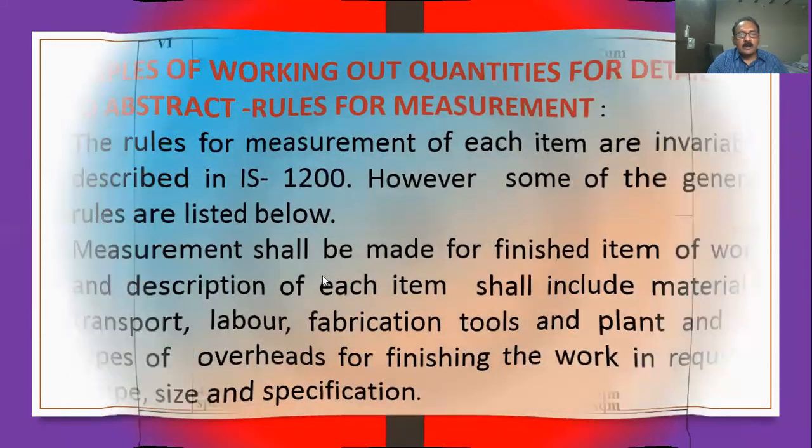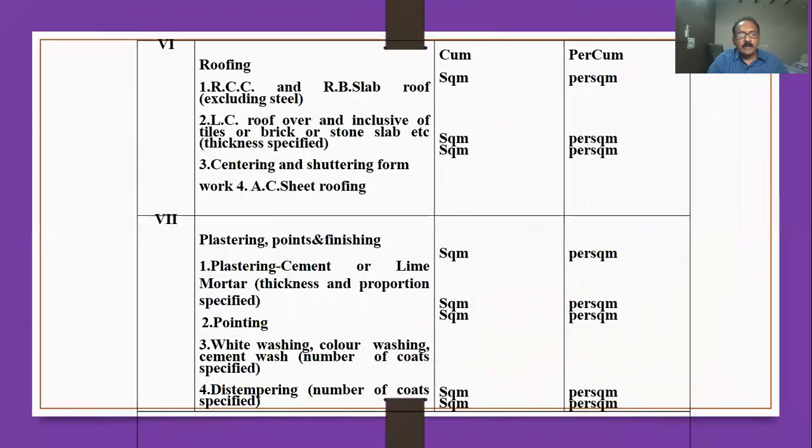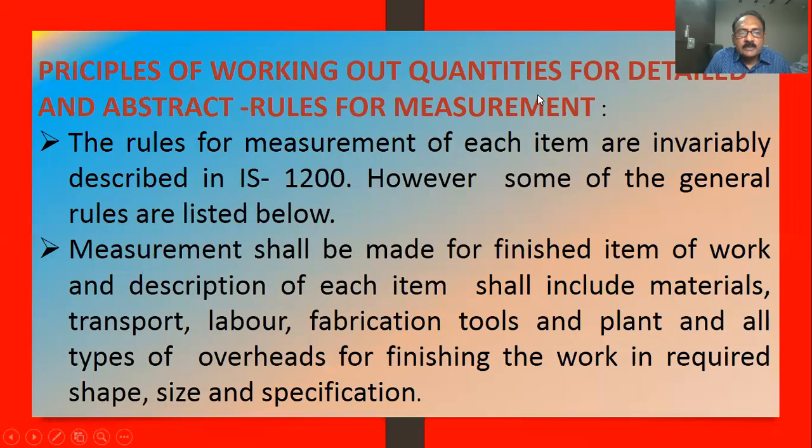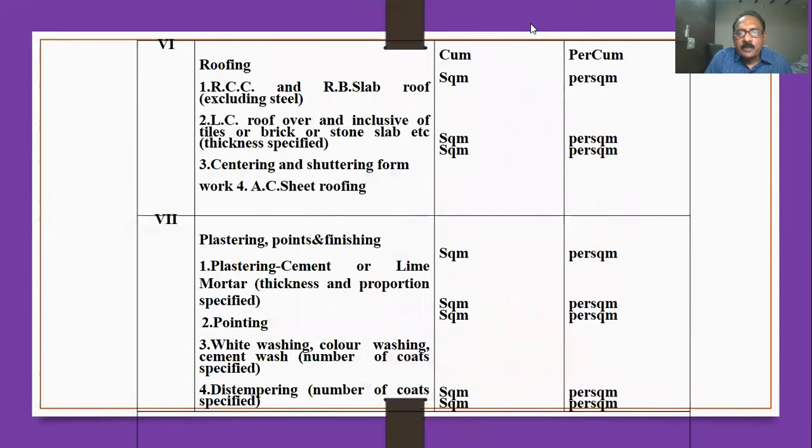These are some of the important works and their units: plastering, roofing, columns, beams, RCC, excavation. What are the units? What are the units of payment? In the next class, we'll discuss principles of working out quantities for detailed abstract rules of measurement. Okay, thank you.